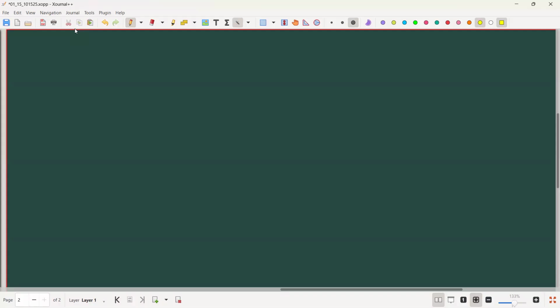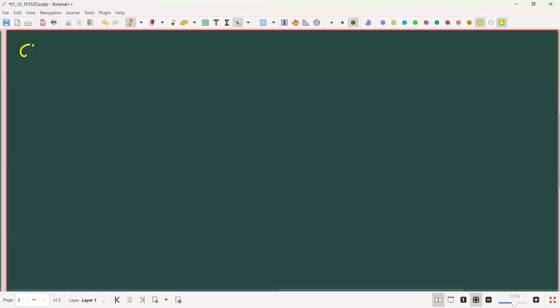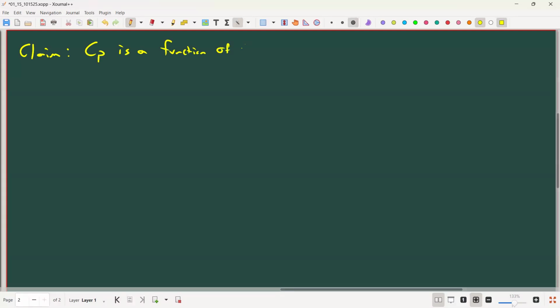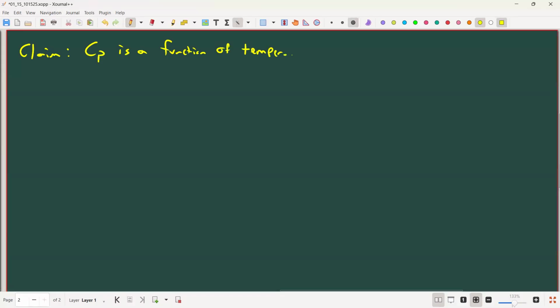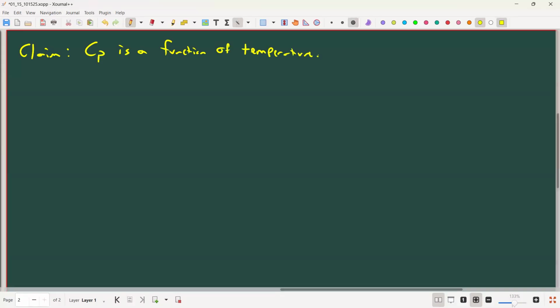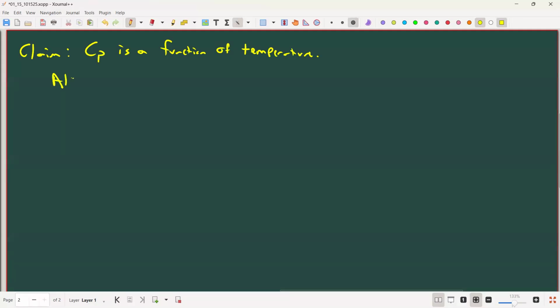All right, so why is heat capacity temperature dependent? My claim here is that heat capacity is a function of temperature. All right, why is that? And in fact, what we see also is that the heat capacity increases as T increases.